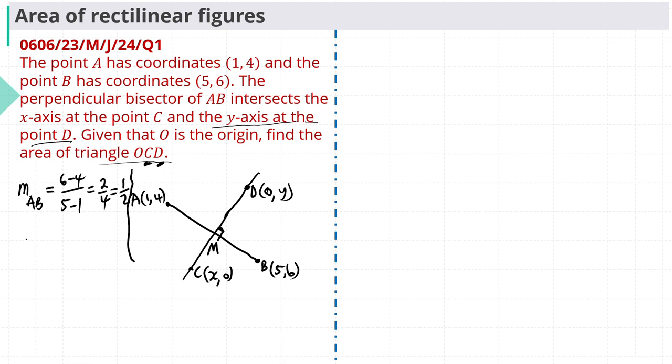So now we can find the gradient of line CD, the perpendicular bisector of AB: minus 1 divided by half, and that gives minus 2.